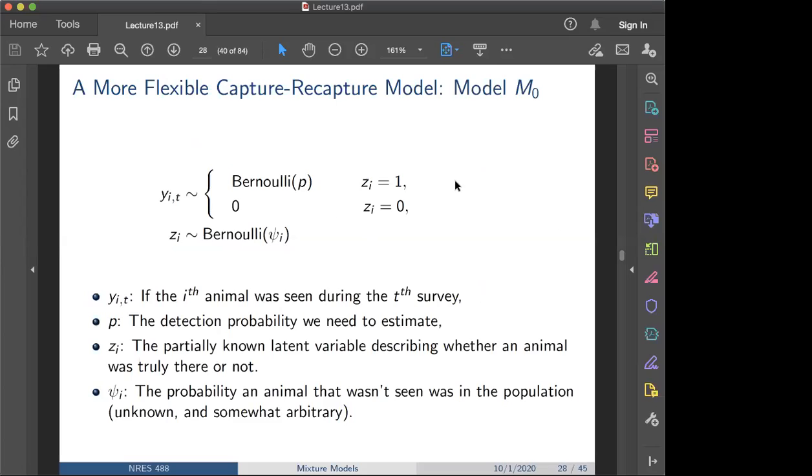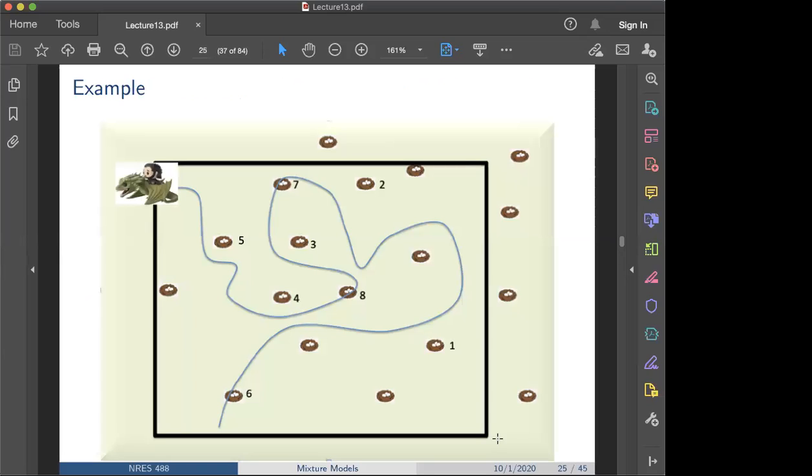So here is model M0, and we'll talk about this in lab today for those who haven't seen it. We're assuming the detection probability is the same for each of our 3 observers. They all had the same probability of observing a nest given it was in our study area. Remember, if it wasn't in our study area, if Zi equals 0, those are the nests that are out here.